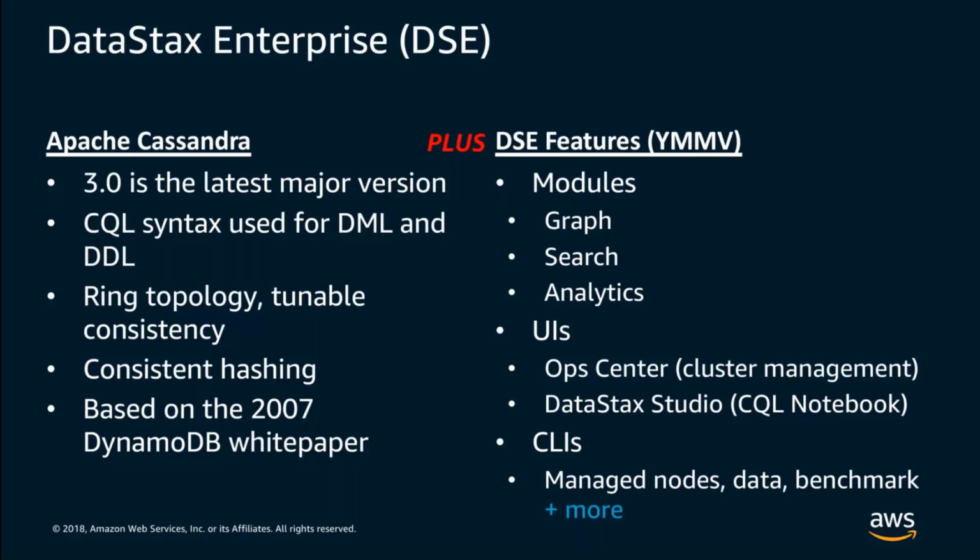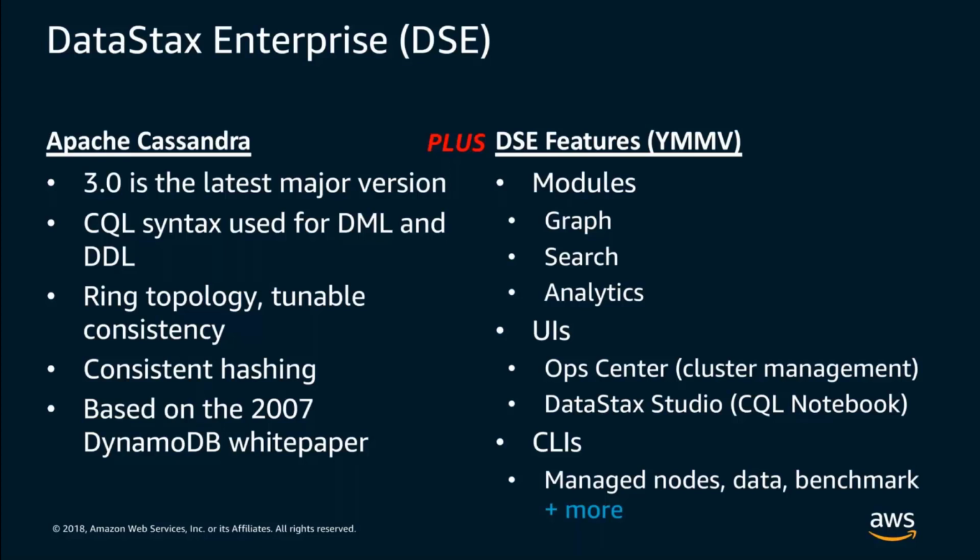So Apache Cassandra has a SQL-like syntax for DML, the manipulation of the data, and DDL, which defines the table schema, like your create table statements. It uses a ring topology. It has tunable consistency, which are really big topics that we're going to cover next. And it has a consistent hashing scheme, which we're also going to cover, but we touched on it with DynamoDB when we showed you our hashing system.